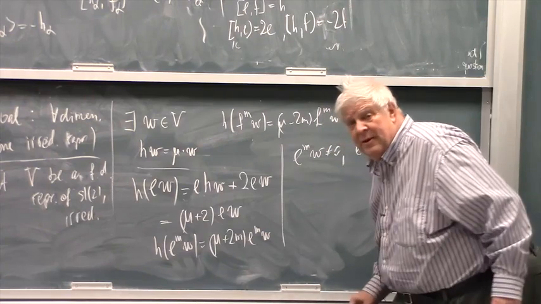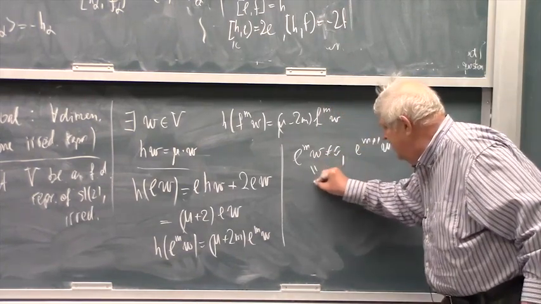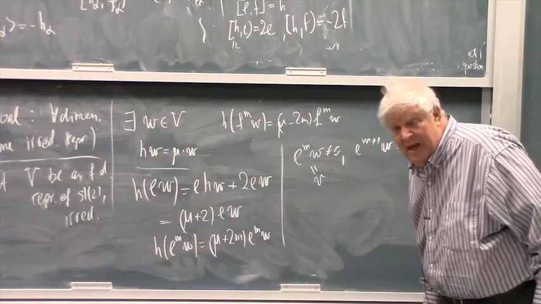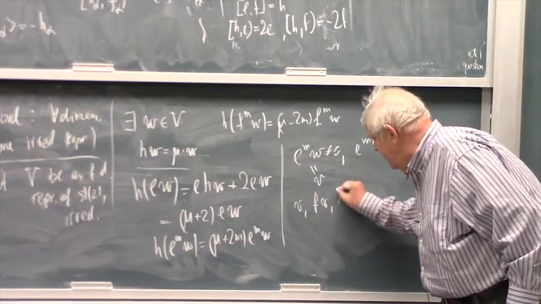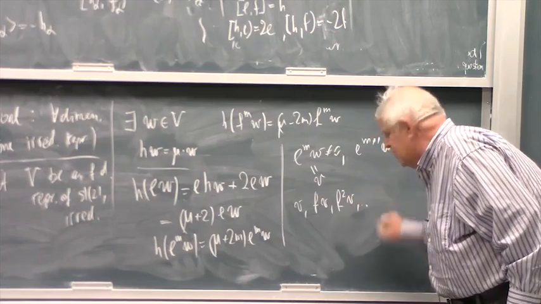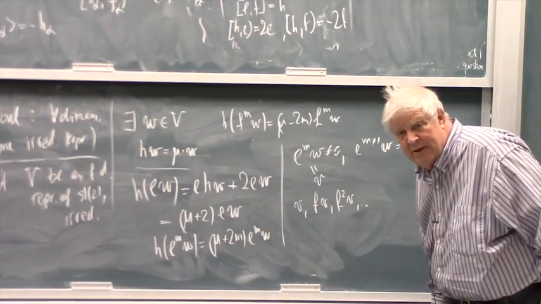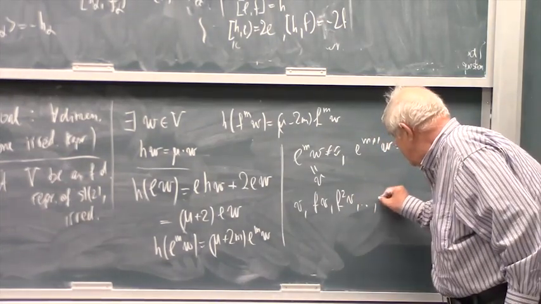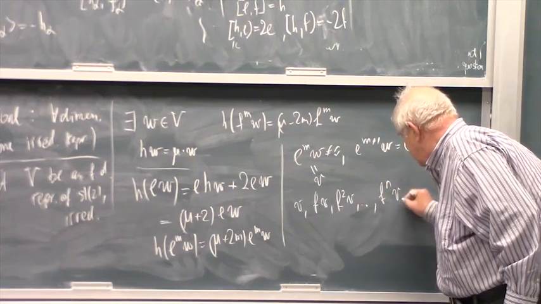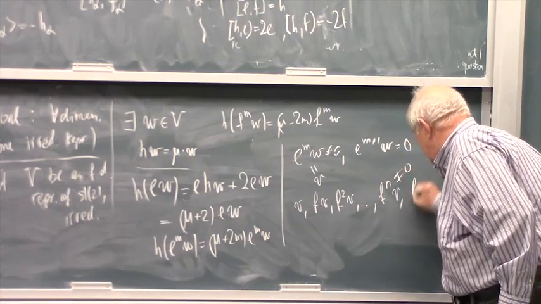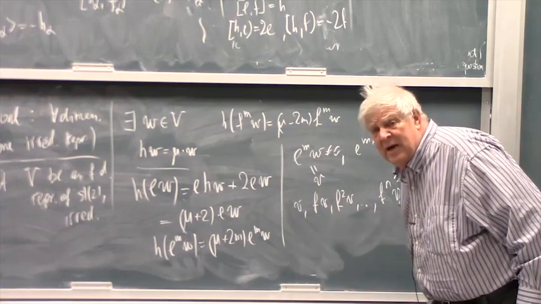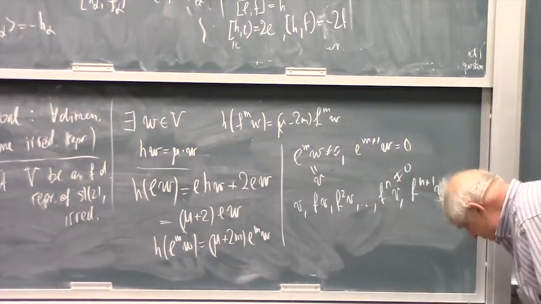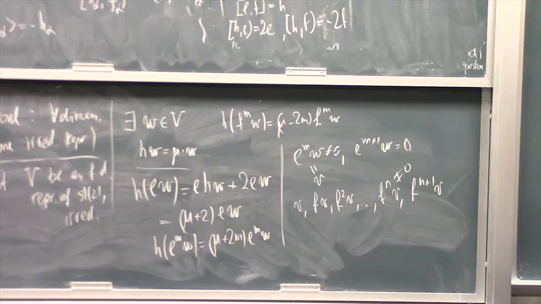Then what do you do? I know this as V, and apply F to it. I take V, FV, F squared V, and so on, right? And at some moment, by the same reasons, all these are eigenvectors of H, excuse me.